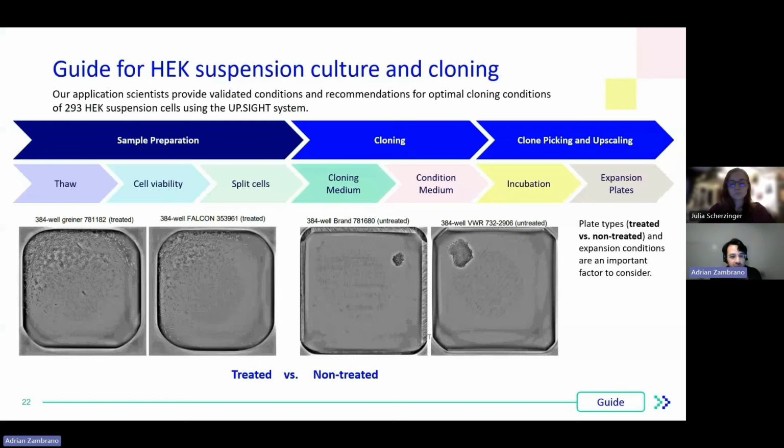Something obviously interesting was the morphology of the colonies, and we can also look at the non-treated ones, how this clumping behavior of the cells appears when dispensing on these non-treated plates. But it's surprising you can still derive viable and robust clones even from those clumped colonies and scale them in shaking culture conditions. So of course, even if you have not taken the correct plate or the most optimal plate, you could still grow them.